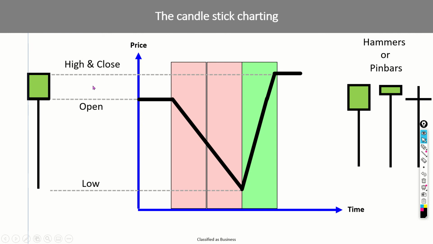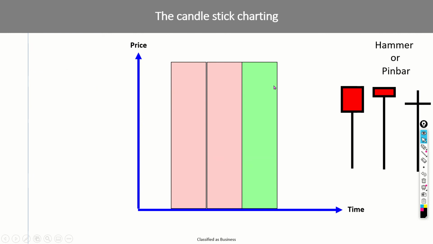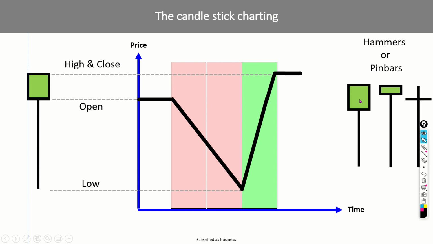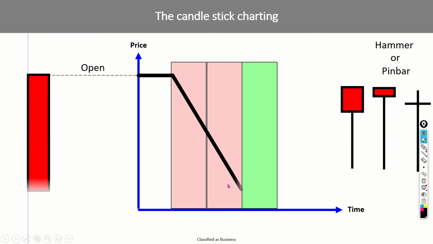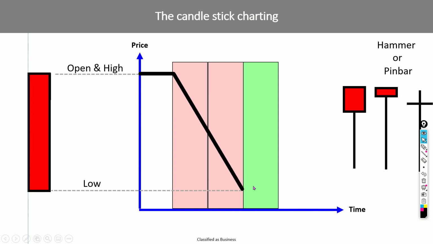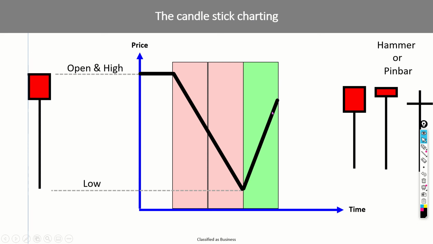So of course, it's not just green color. What we saw was just a slightly green color body. And sometimes these pin bars or hammers can come in red color. And of course, the opening price is very high right here. And it gets rejected all the way downwards. And it couldn't go any more lower. And then you have a lot of rejection here from the bulls, bringing the price all the way upwards.